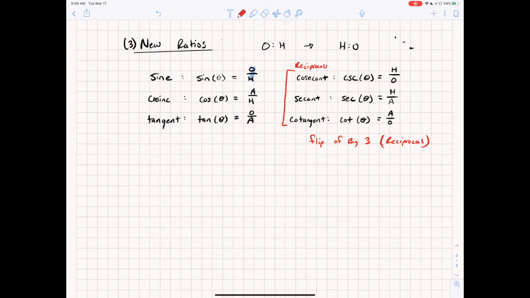And we'll give this a specific name later on when we're talking about formulas. But when a question now is asking to determine all 6 trig ratios for a right triangle, I want to see all 6. I want to see sine, cosine, tangent, and I want to see cosecant, secant, and cotangent.